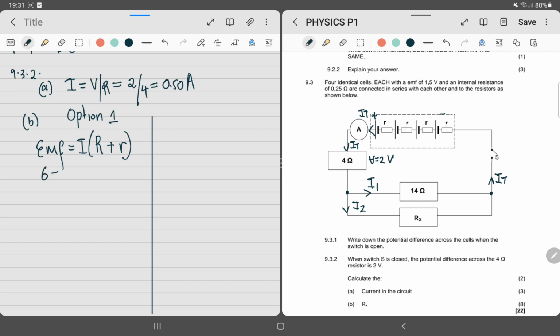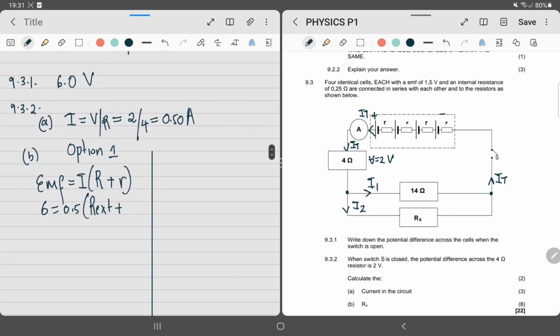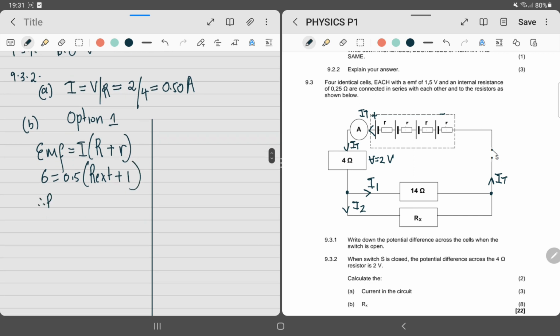So 6 is equal to 0.5 times R external, we don't know, plus the internal resistance, which is 1. Therefore, R external should be equal to, so I am getting 11.0 ohms.